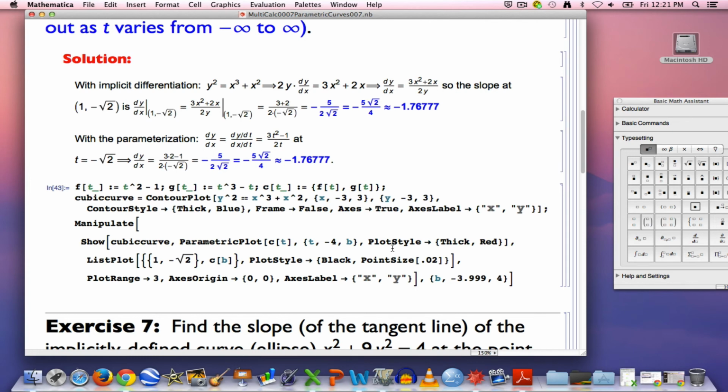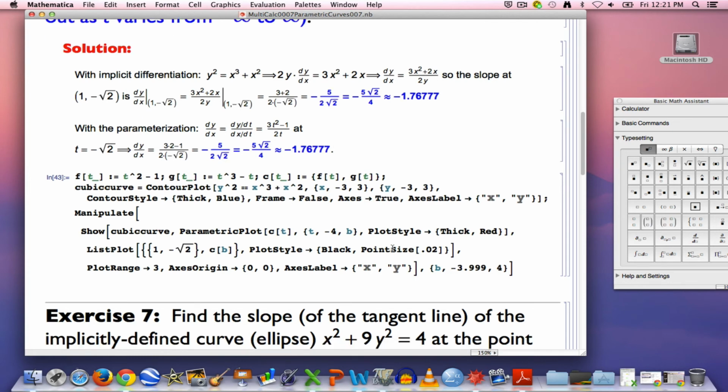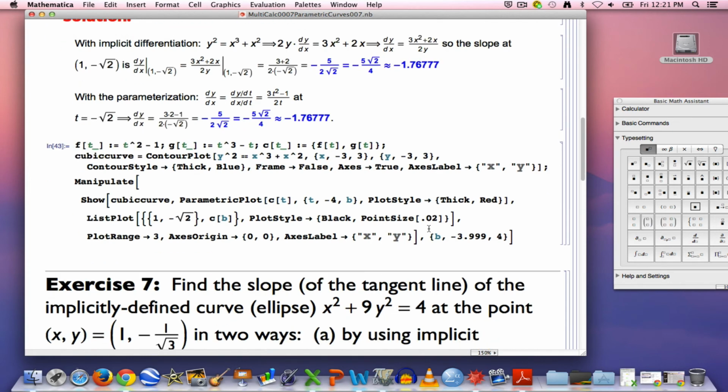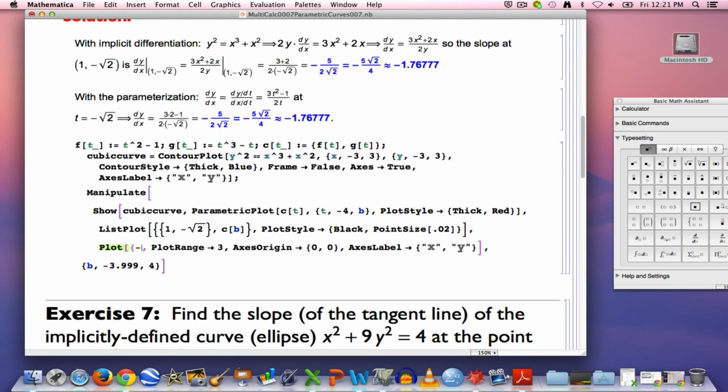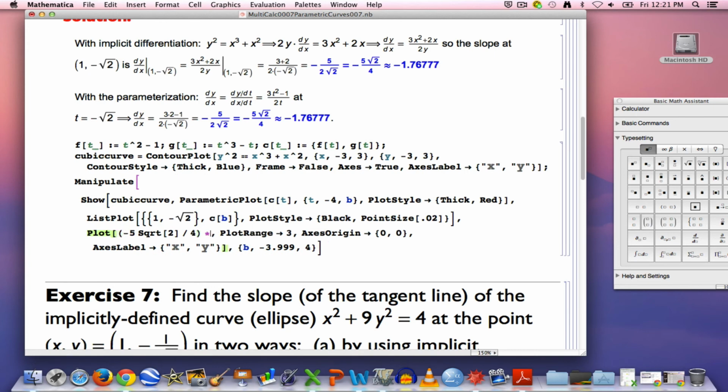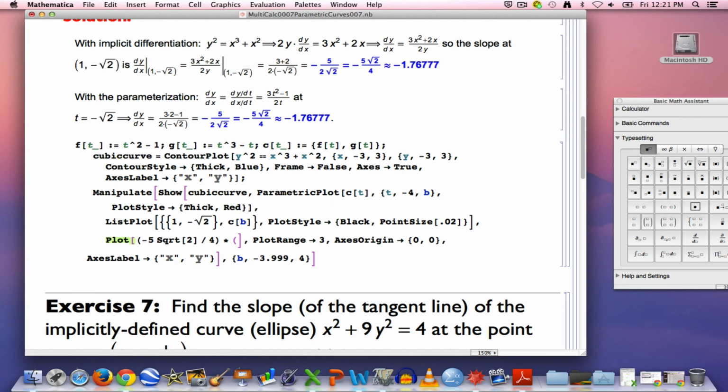Let me also quickly add the tangent line to this plot. I will plot the tangent line. It's got a slope, again, of negative 5 square root of 2 over 4. That's the slope. You can type in the equation of the tangent line then like this.